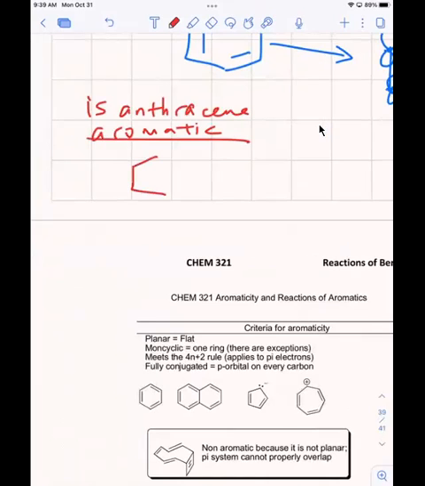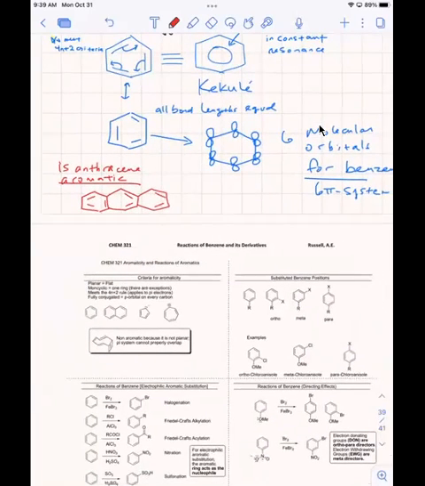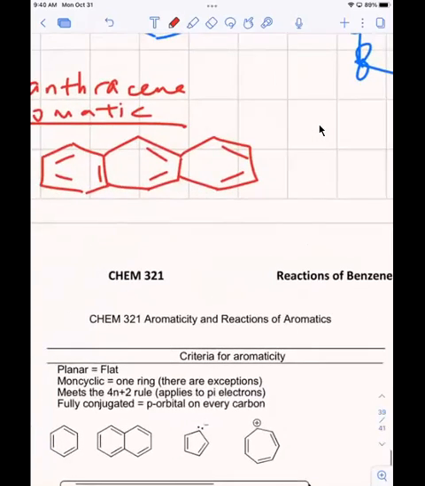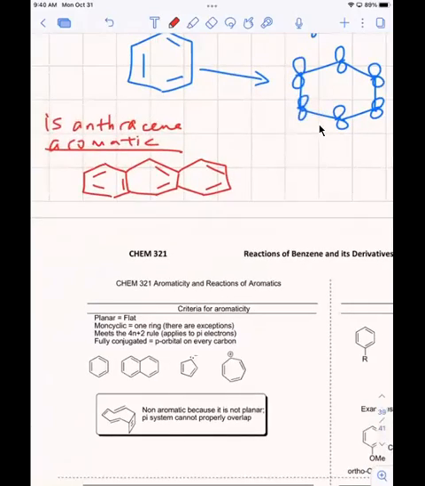So let's take anthracene. Is anthracene aromatic? What do you think, based on the criteria that have been given? Yes, it is. Let's just go through it.